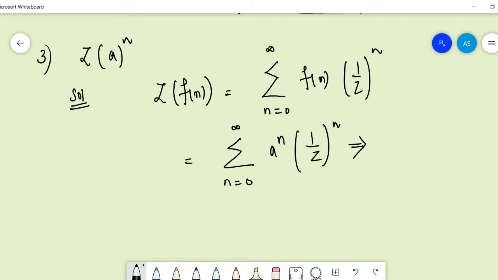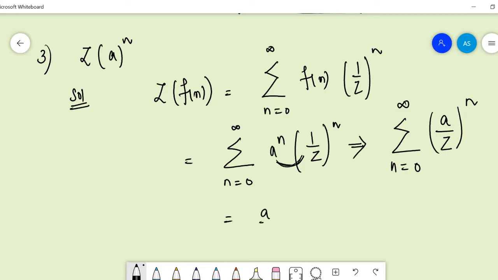Here the power is common, so we can merge these two functions, that is summation n 0 to infinity, and write this expression as a by z whole power n. After that, expand the summation by giving values starting from n equals 0.